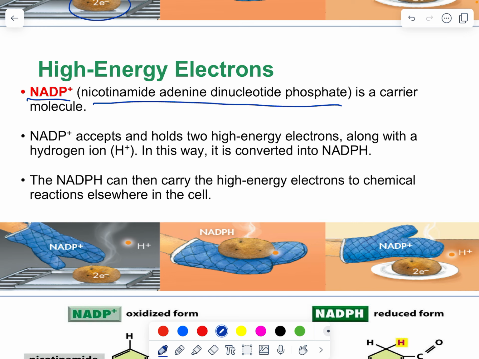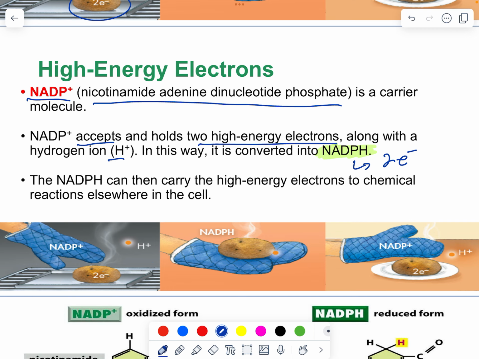And so what happens is it is converted. What it does is it accepts 2 high energy electrons along with a hydrogen ion. Okay, ions have charges. And so it is converted, I would highlight this, into NADPH. So remember, NADPH is holding 2 electrons, okay?